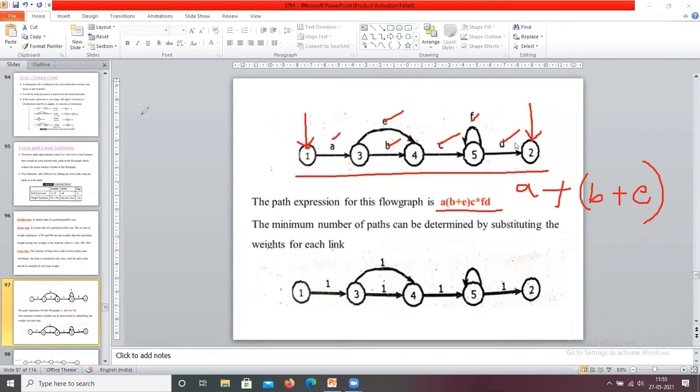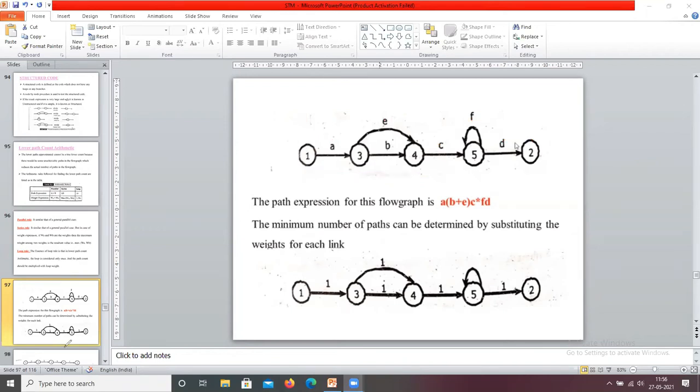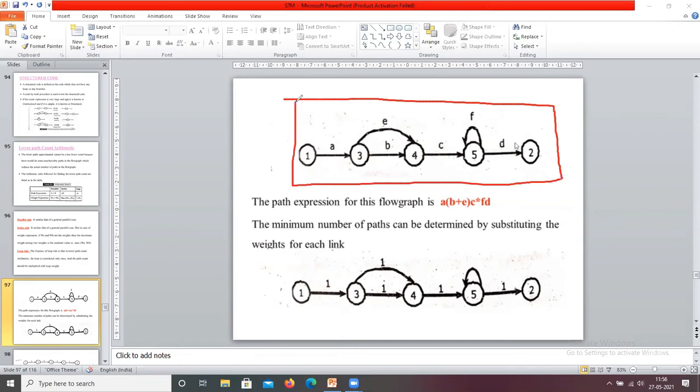Here, this is the flow graph. For this flow graph, what is the path expression? The path expression is, this is A. Here these are the serial links, a series of links. So A into, next, BE.